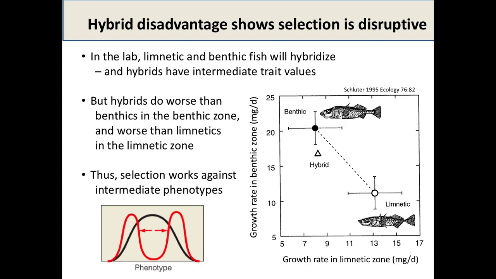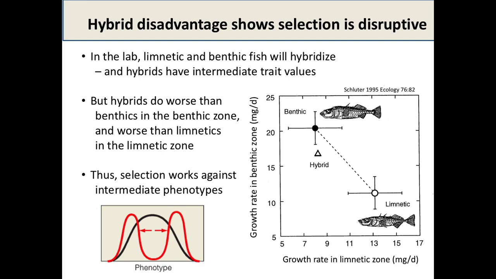These two forms can reproduce. At the moment, there isn't reproductive isolation between them. They can reproduce and they can form hybrids. If those hybrids are viable, if they're capable of feeding well and reproducing well, then an intermediate form between these two would be viable in the lake.